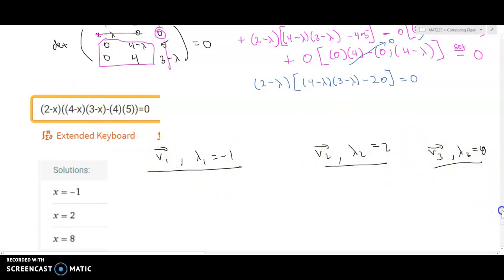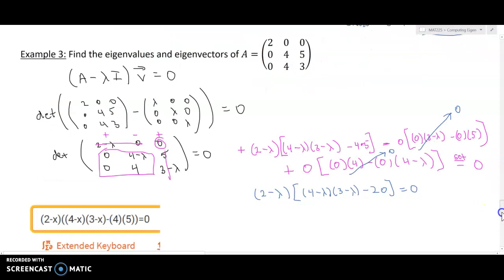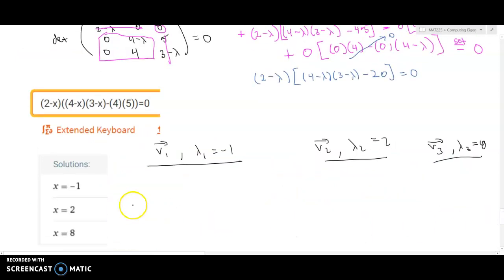So there's my A minus lambda I matrix. I'm going to do 2 minus my lambda, 0, 0 across the top, 0, 4 minus lambda, and 5, and finally the last row, 0, 4, 3 minus my lambda, which again is negative 1.